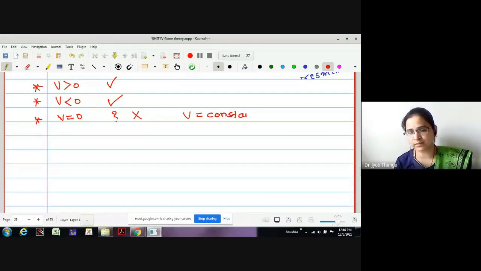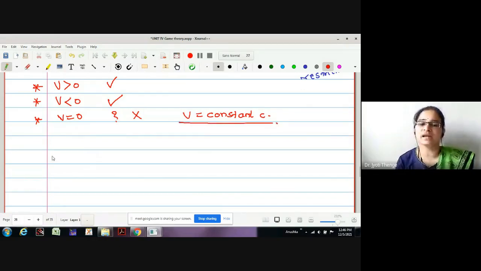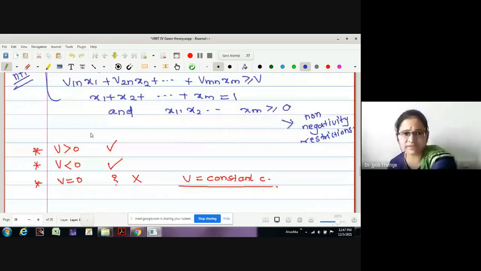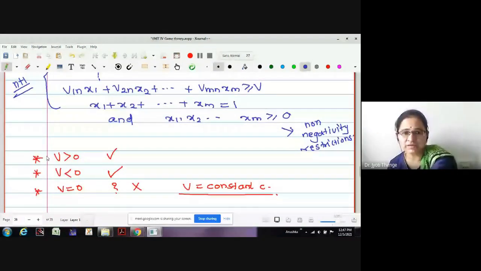Whenever v becomes 0, we add a constant c to all the entries of the payoff matrix, and then division by v is allowed. So for whichever of the three possibilities, now we can divide by v.